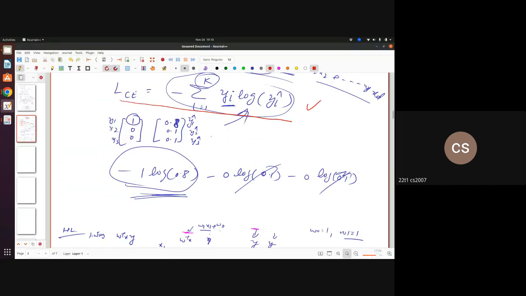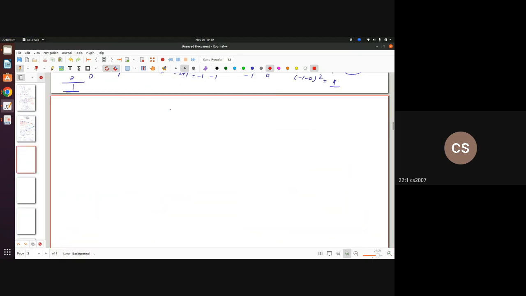We've actually done that just now. This is the formula that we'll be using. Cross entropy loss is minus the sum of i goes from 1 to 3 in this case, y i log of y i hat, right?